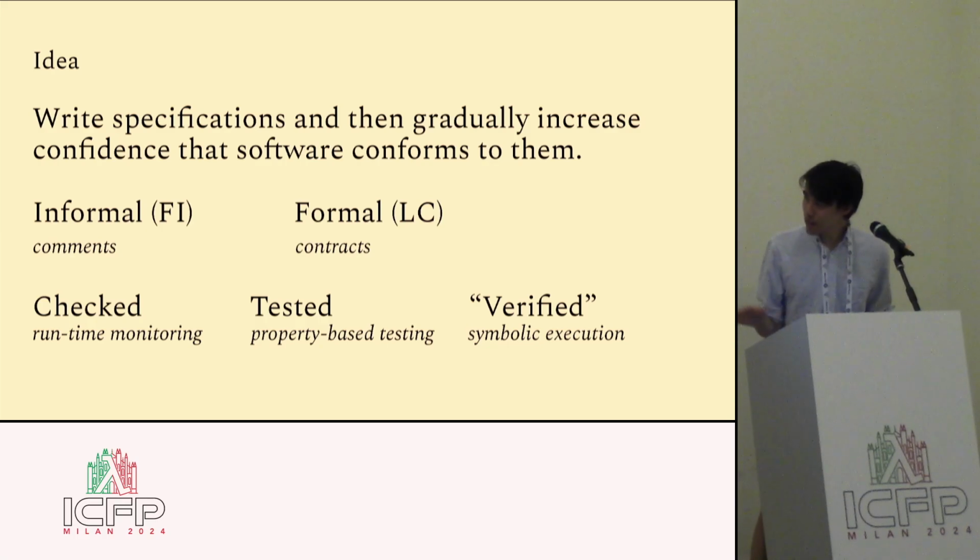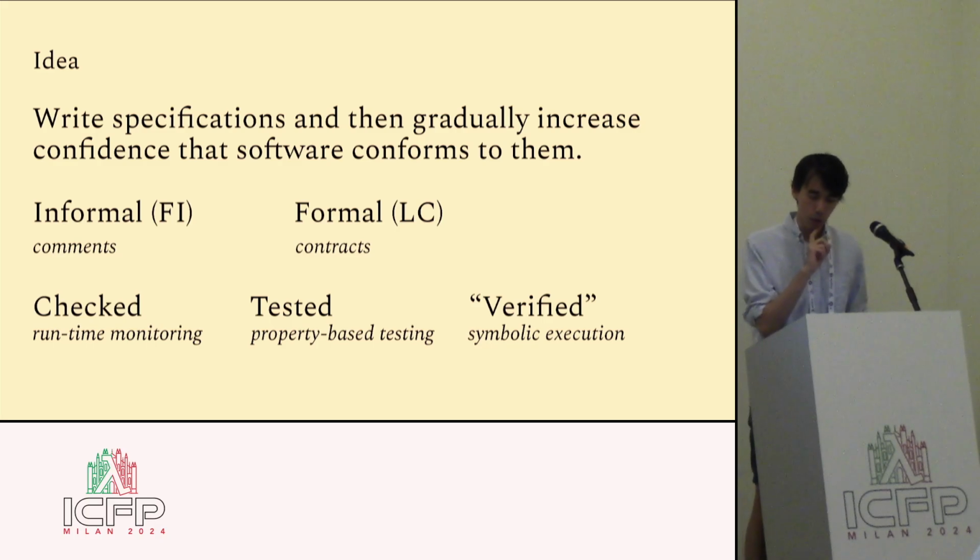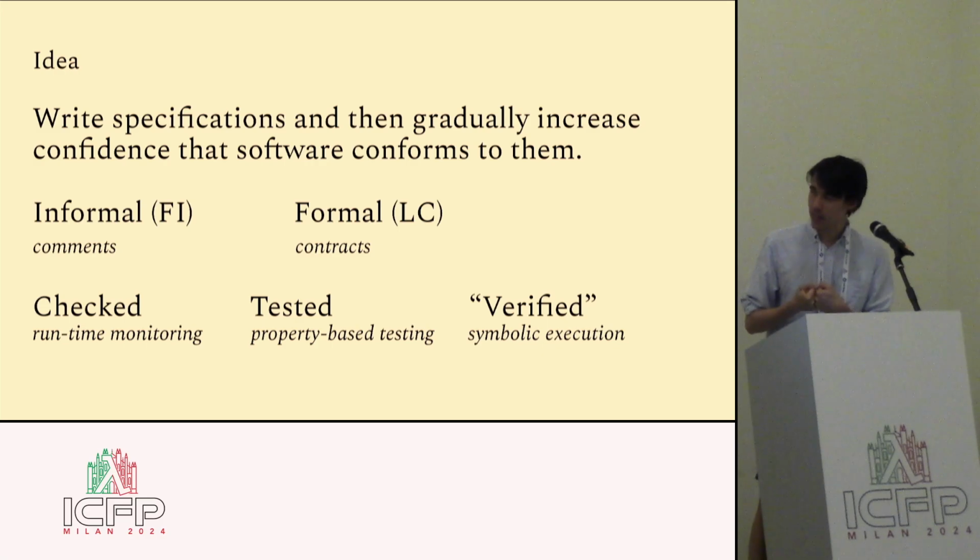Okay, and then there's another step that we like to do at the end, if possible, which is doing verification. Now, I put verification in quotes because it's maybe not as solid as doing something in a proof assistant, but we have some very lightweight kind of verification via symbolic execution, which we can do for certain limited circumstances.